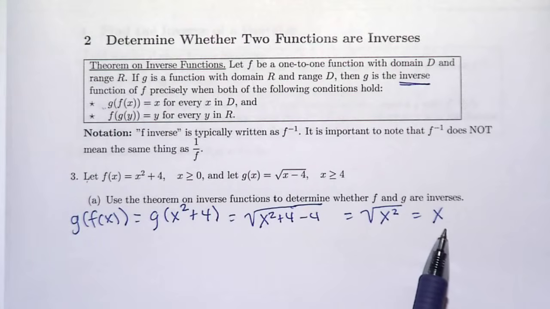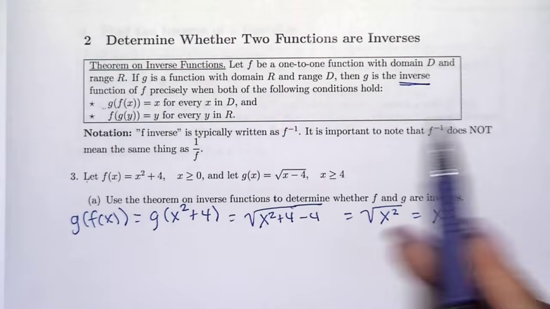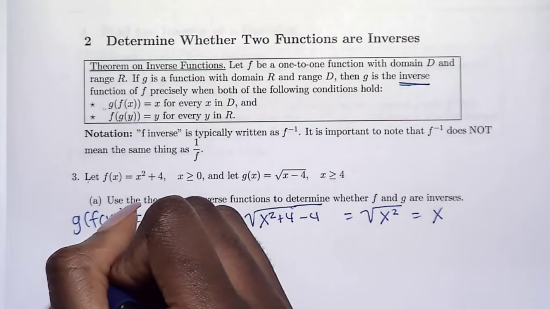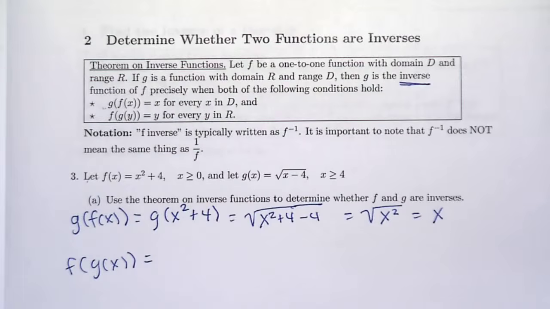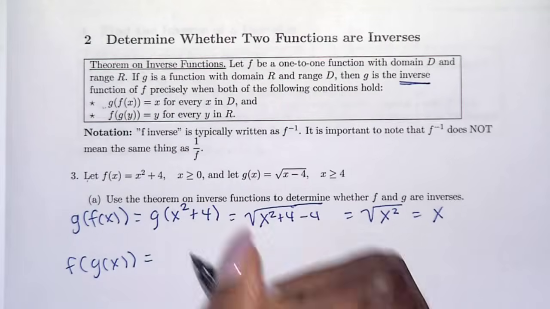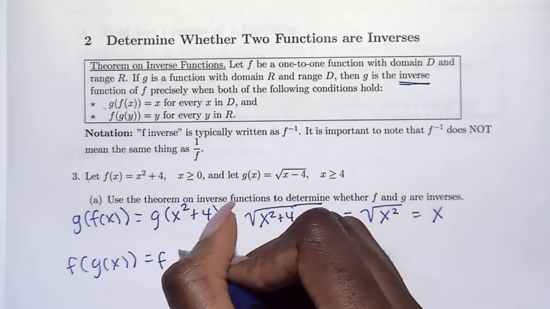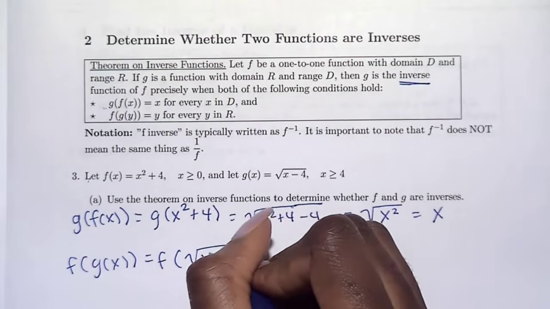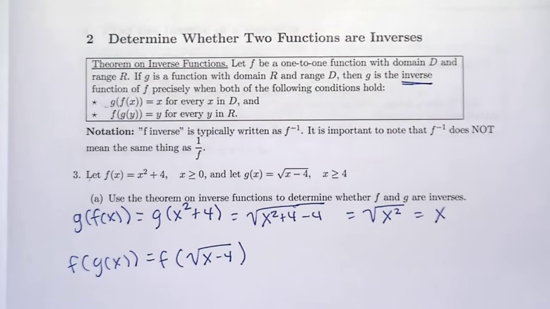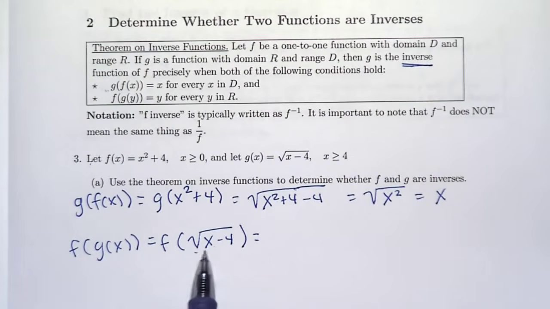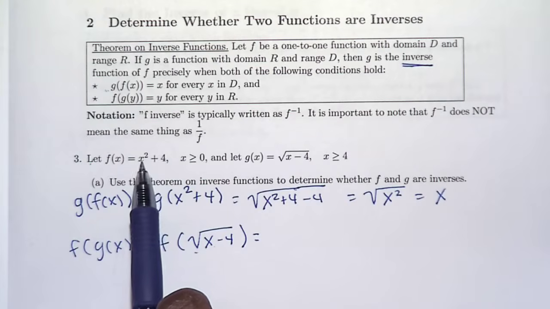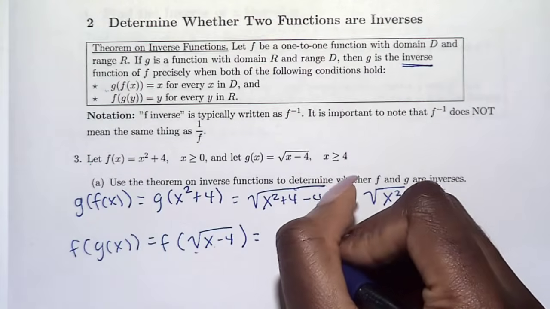All right, so we know that we have inverses if the opposite is true as well. So let's put g on the inside this time. So f of g of x. Our g is the square root of x minus 4. We're plugging this in, square root of x minus 4, for x in our f function.